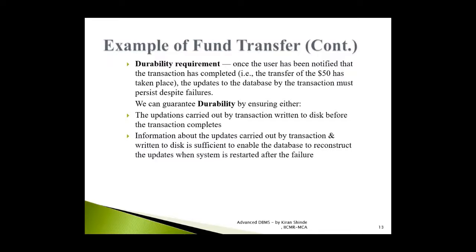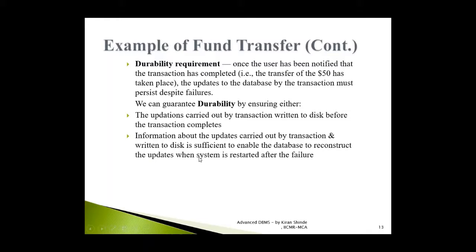Information about the updates carried out by the transaction and written to disk is sufficient to enable the database to reconstruct the updates. Now, what is the meaning of this particular line? Why is it important in order to preserve durability that the updates should be written to disk?